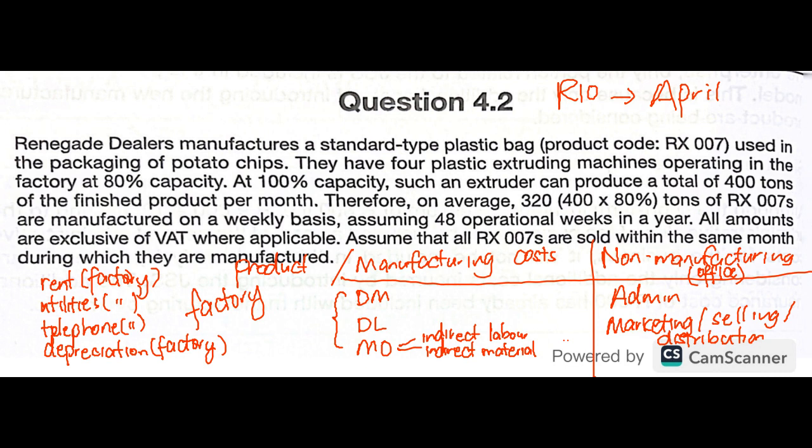And here there are two categories, which are your admin costs, your general administrative costs, as well as your marketing, selling, and distribution costs. So here your general admin costs are literal to the word the general administrative costs, or the costs incurred in the day-to-day running of the business. So they're the same type of items that would appear under your overheads, but they're for the office instead of for the factory.